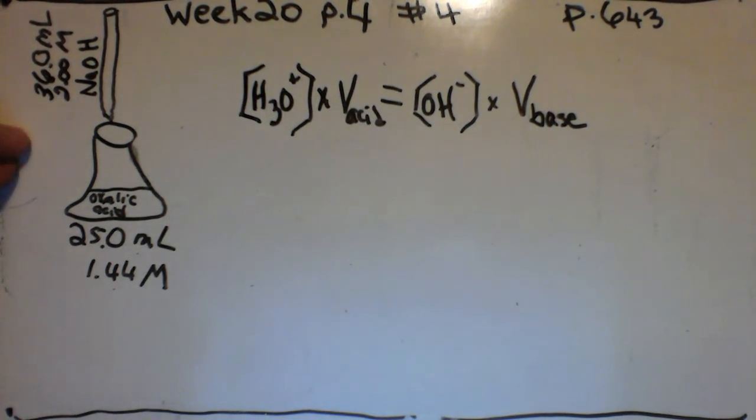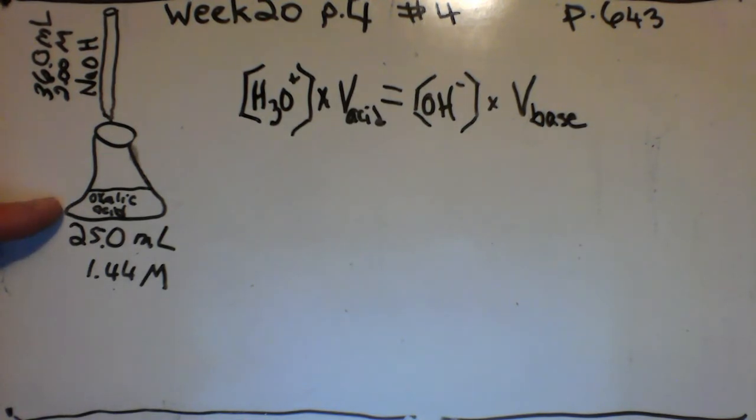Here I've drawn a picture of what's happening. We have the oxalic acid in a container. There's 25 milliliters of it, and it's 1.44 molar in concentration. We're adding to that acid sodium hydroxide, which is 36 milliliters and 2.00 molar in concentration.